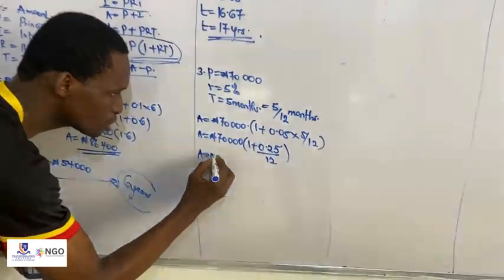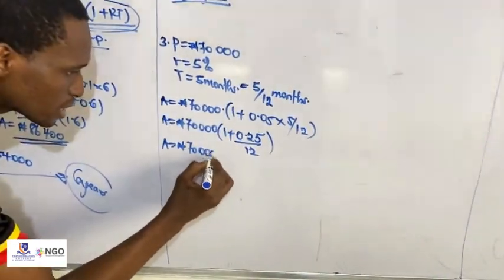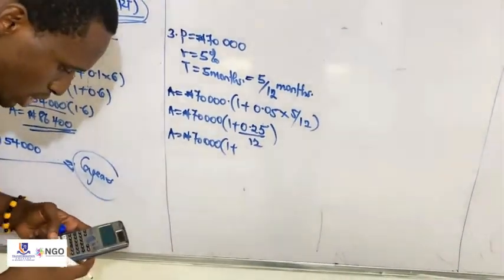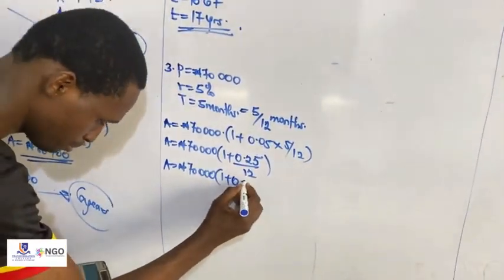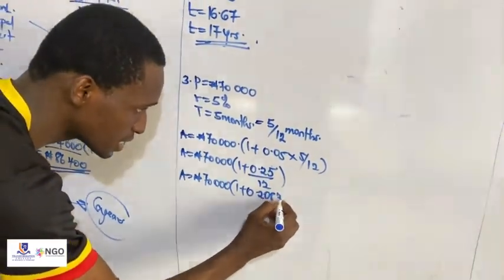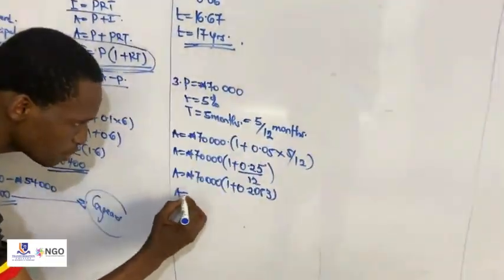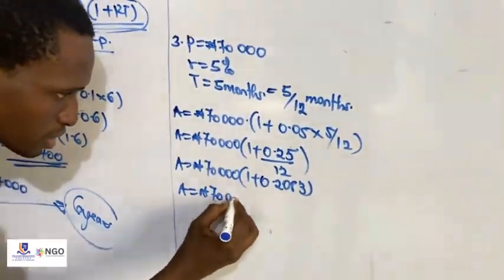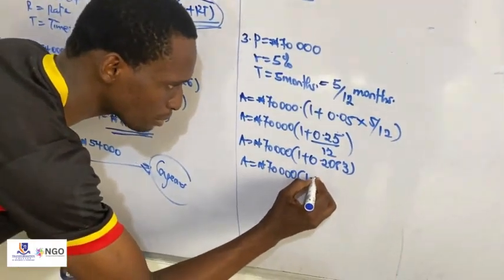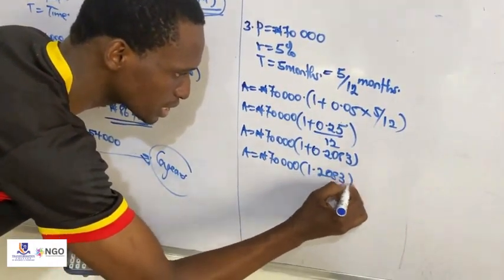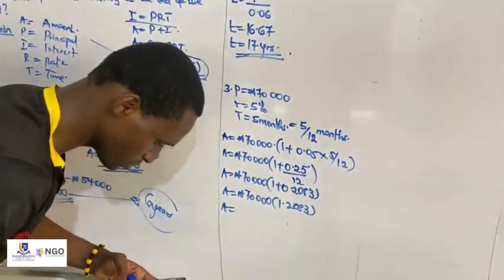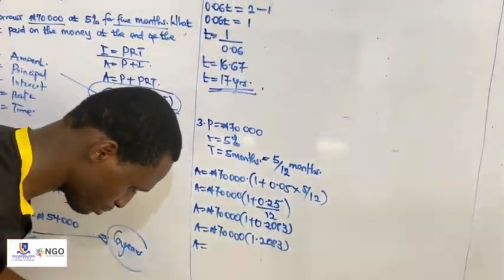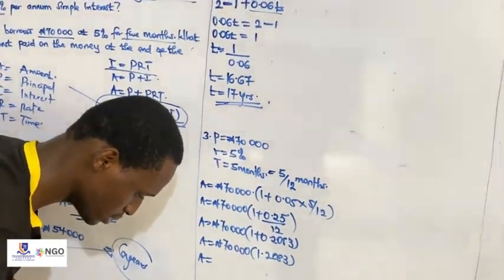So A is going to be 70,000 into bracket 1 plus 0.25 divided by 12, which gives us 0.2083. So A will be 70,000 into bracket 1.2083, that's 1 plus this. So A will be 70,000 times 1.2083.